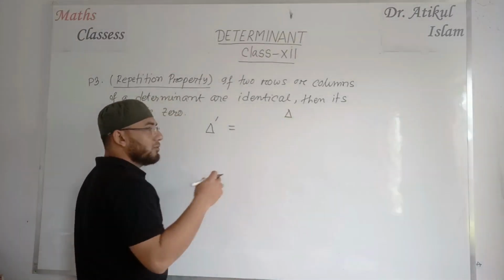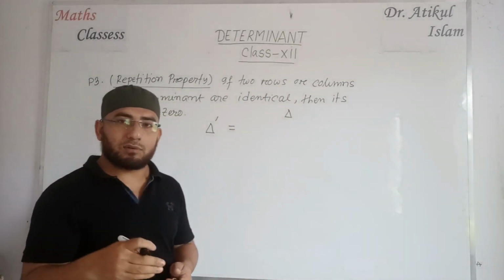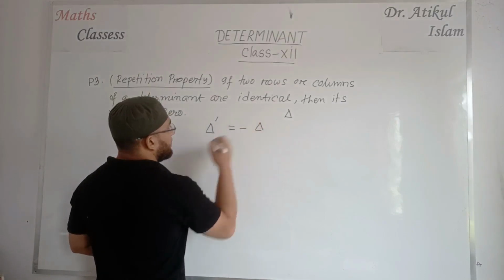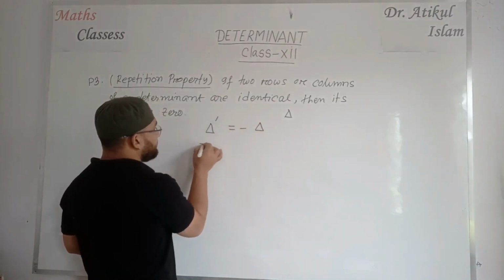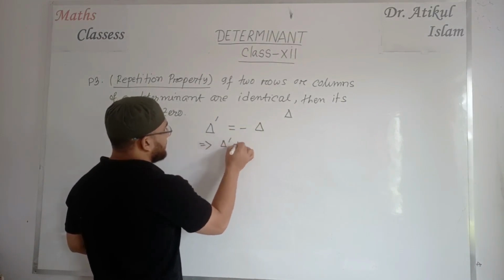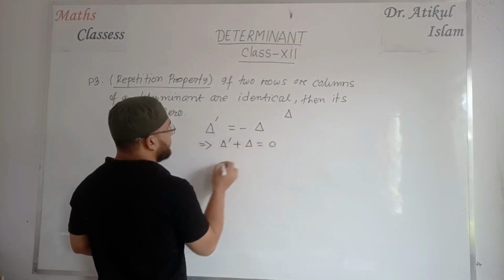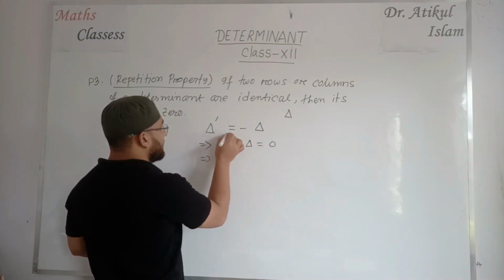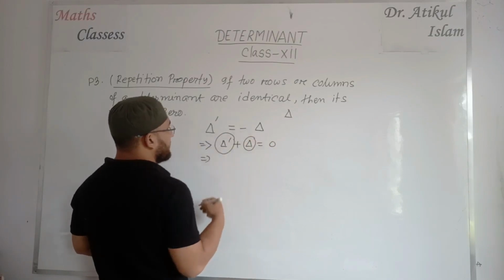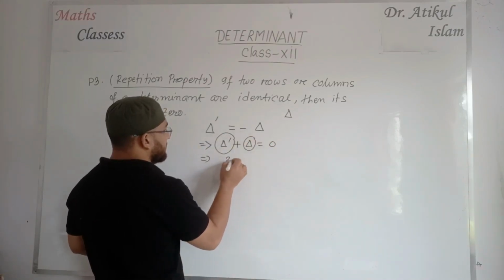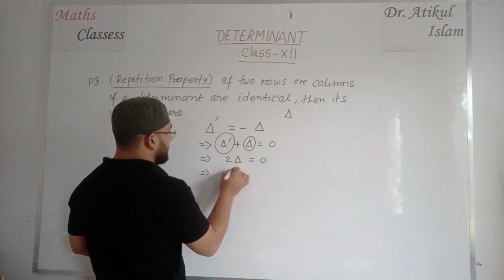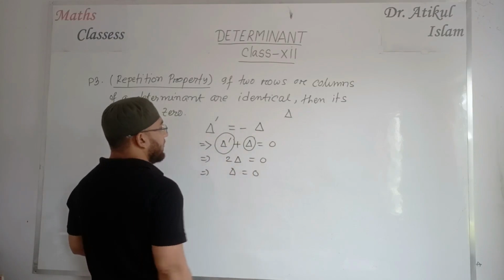If you change the identical rows, there will be a negative sign in the original determinant. Now, delta dash plus delta is 0. But we know that delta dash and delta are the same. So that means 2 delta is 0, so delta equals 0.